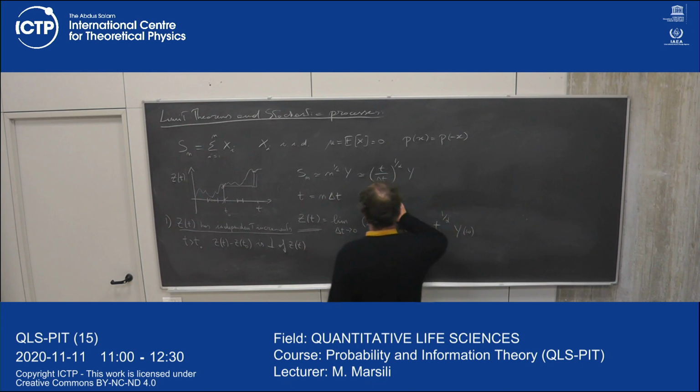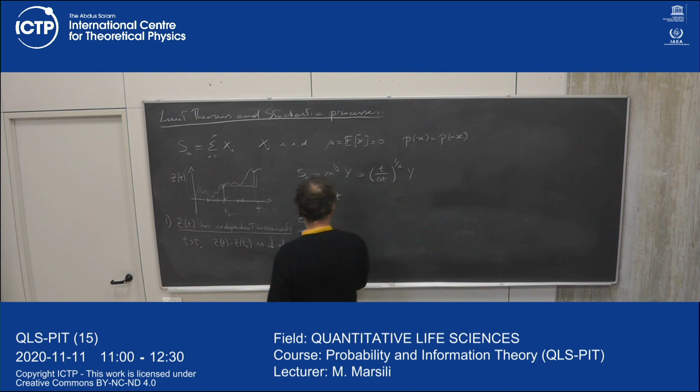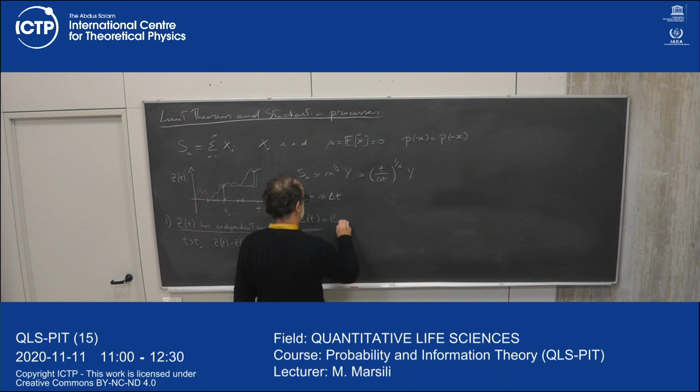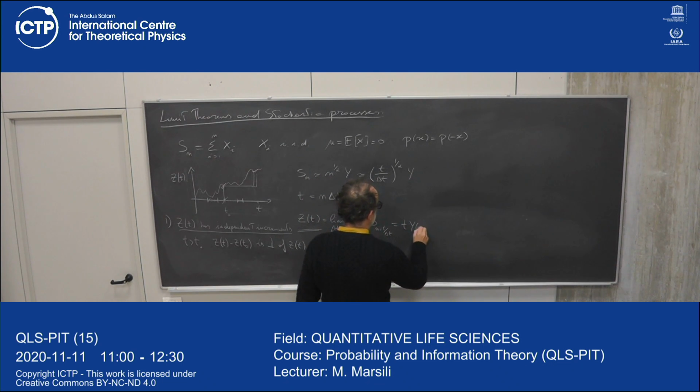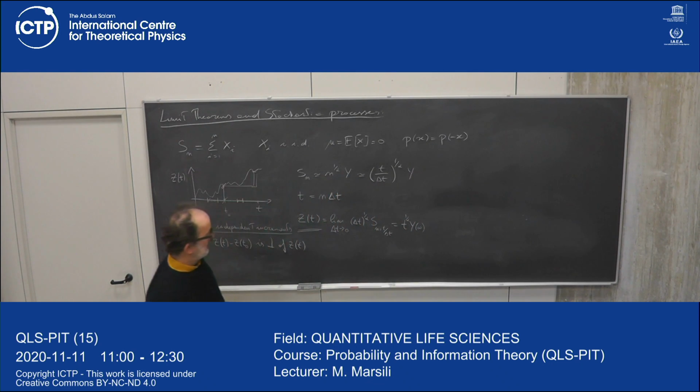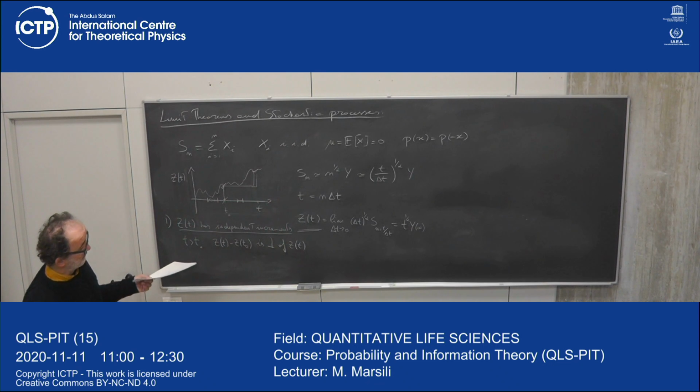So the second thing we can ask is whether this function z of t, which is defined as the limit as delta t goes to 0 of delta t to the 1 over alpha times s of n computed in t over delta t, and which is essentially t to the 1 over alpha times this random variable, is a continuous function.